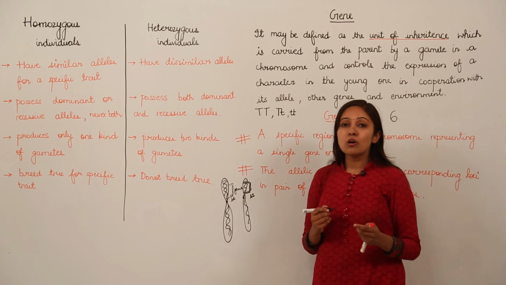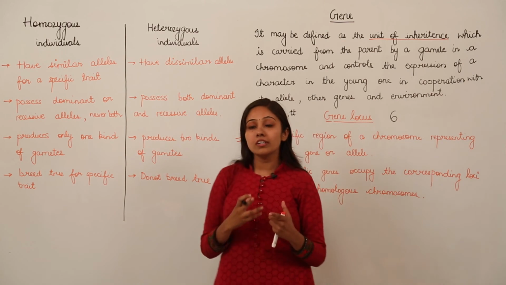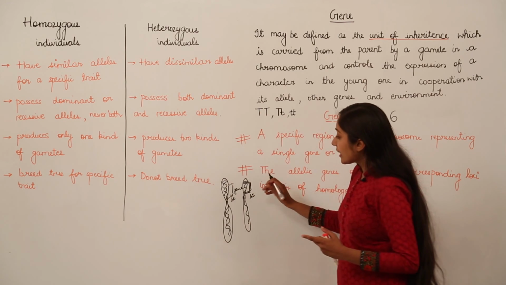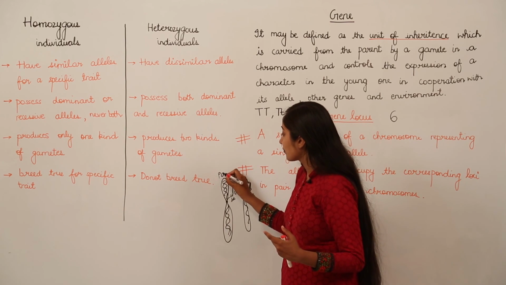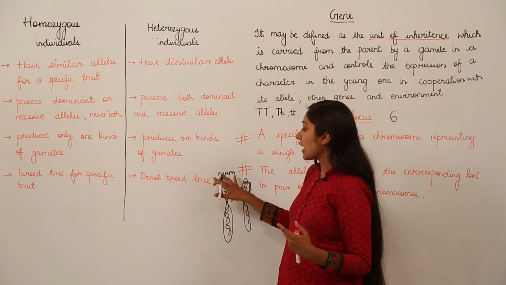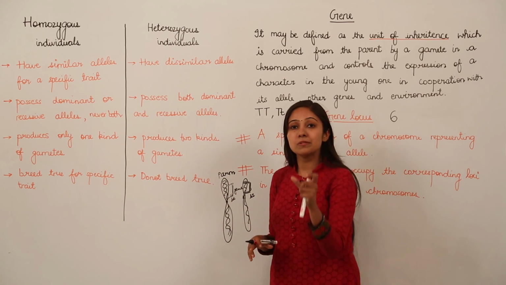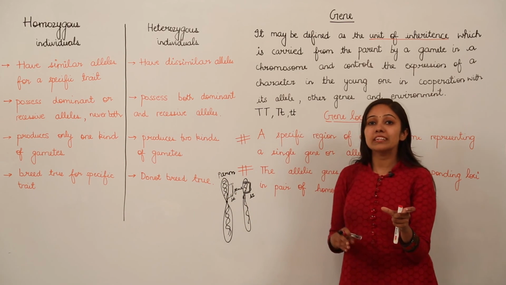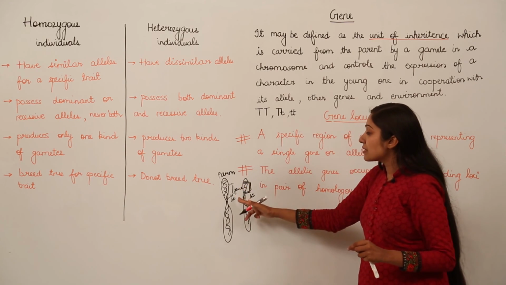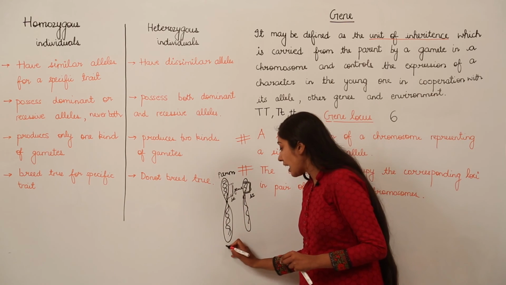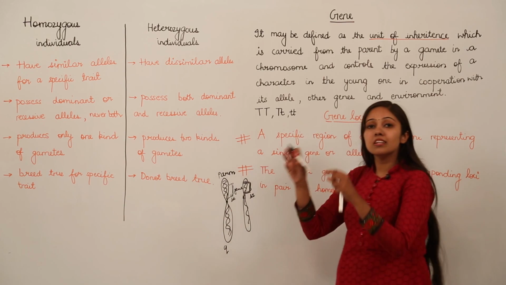Then I talk about the shorter arm or the longer arm. Remember that the shorter arm of the chromosome is known as the P arm. Why is this known as the P arm? Because the letter P is taken from the French word petite. Petite means something small. So, the P arm is the shorter arm, and then we have the Q arm. The Q arm is the longer arm.